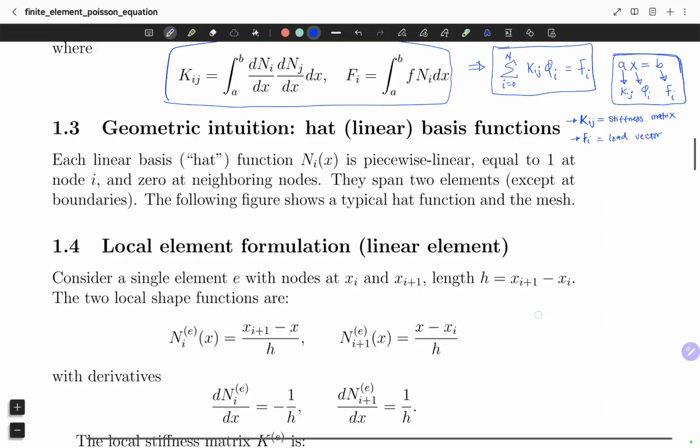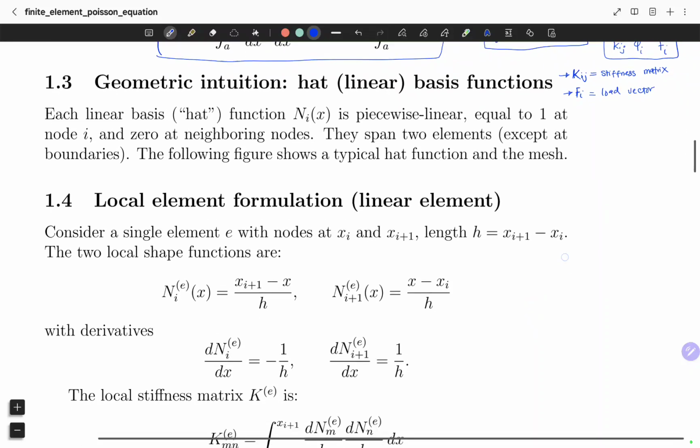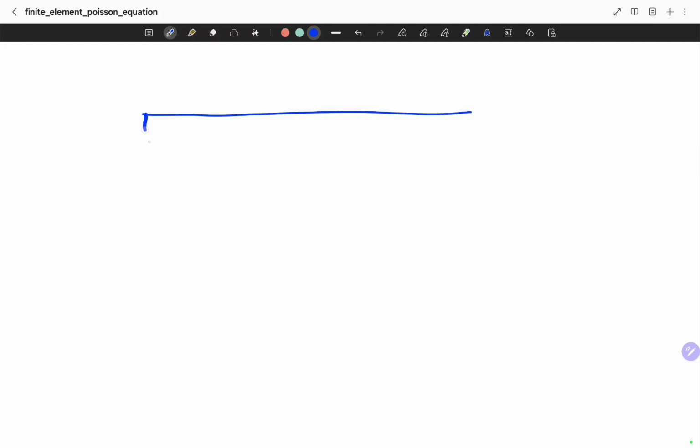Now how can we create this matrix? This is where it's very important for us to see. Now let's assume this is 0 and this is L. Let's say there are 1, 2, 3, so there are 3 elements.